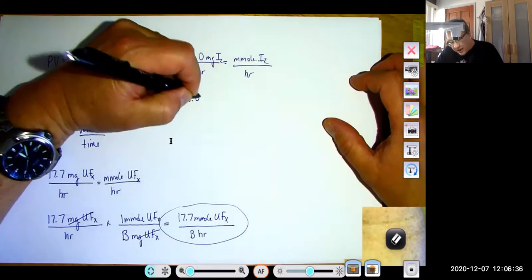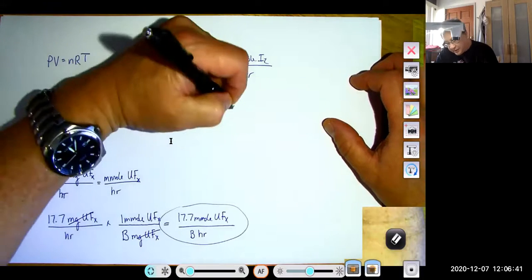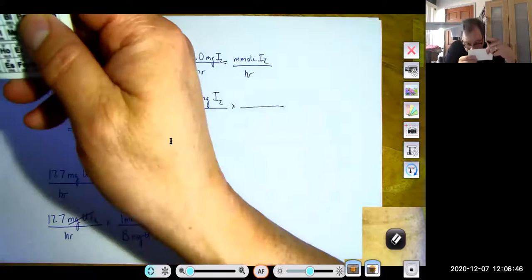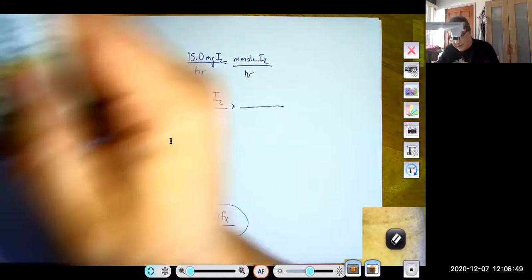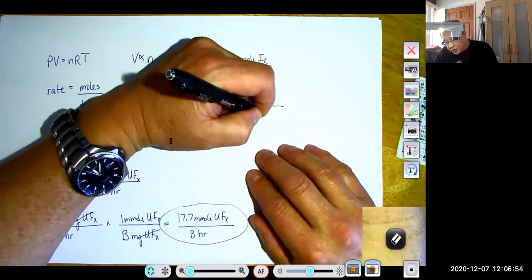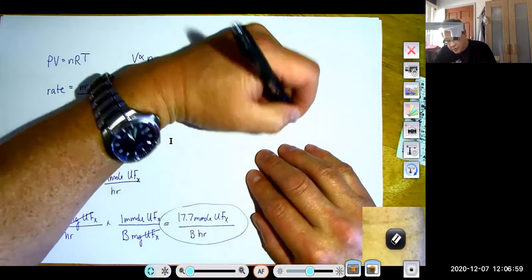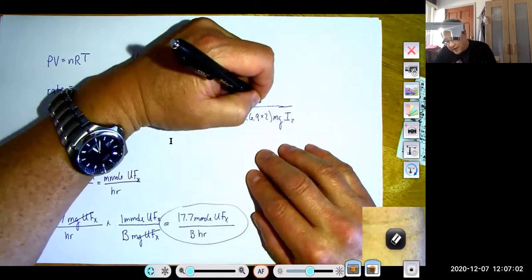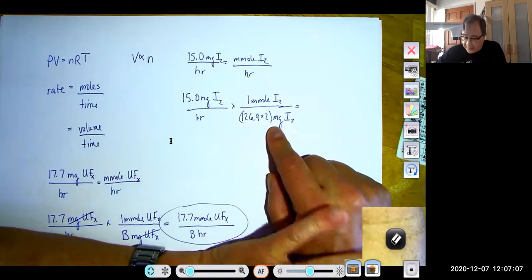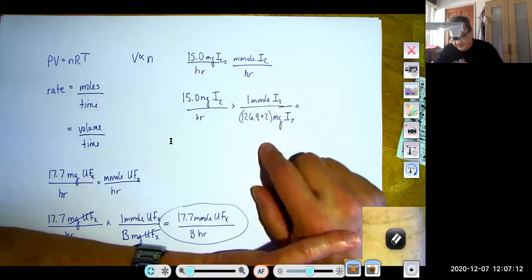On the other hand, for iodine, we can do this one. Since iodine has a molar mass of 126.9, this is going to be 126.9 times 2 milligrams of iodine per 1 millimole of iodine. Usually we say grams per mole for molar mass, but I'm just going to use milligrams per millimole and put m's in front of both of these things.